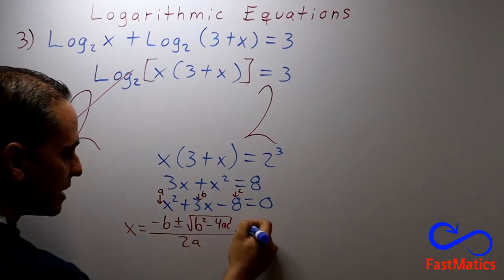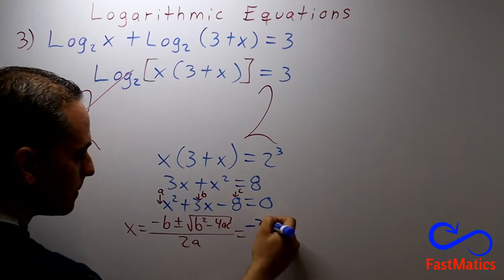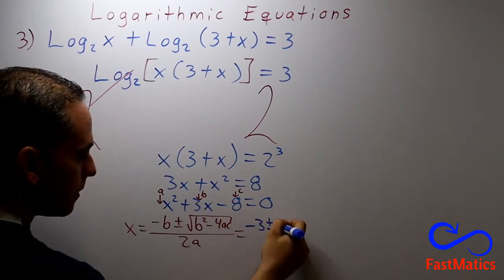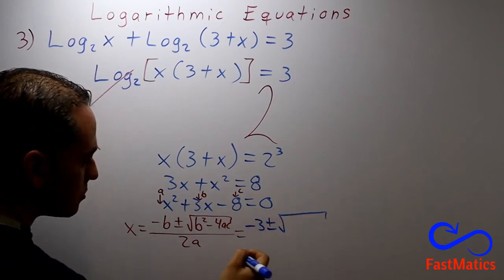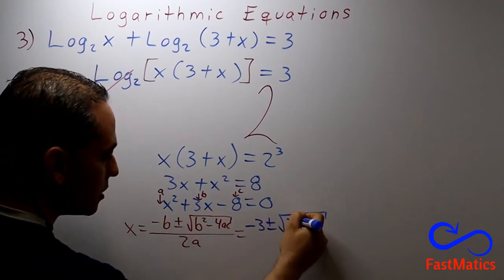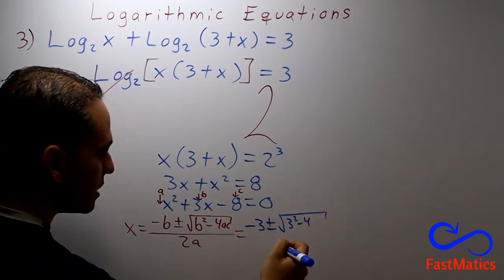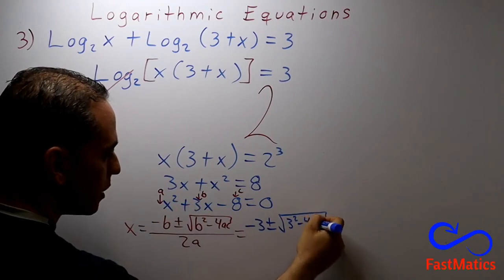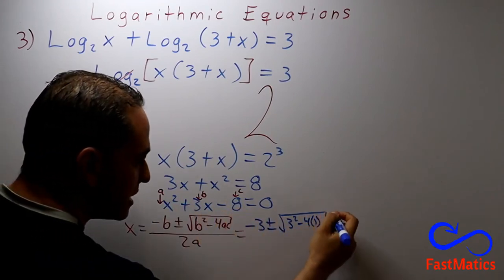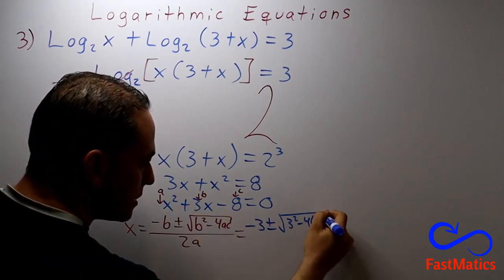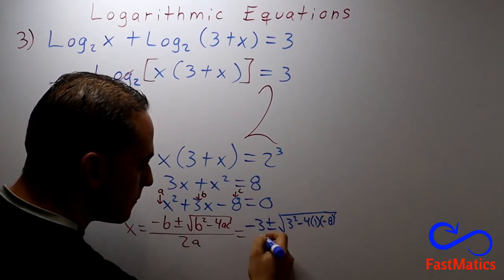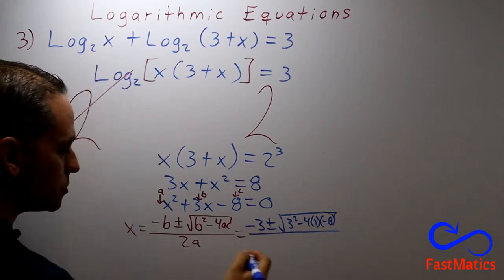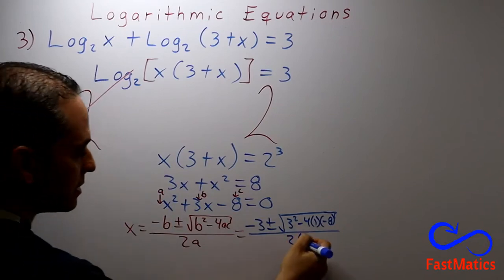So negative the value of b, positive negative the square root of the value of b squared minus 4 times the value of a, 1, the value of c, negative 8, divided by 2 times the value of a, that is 1.